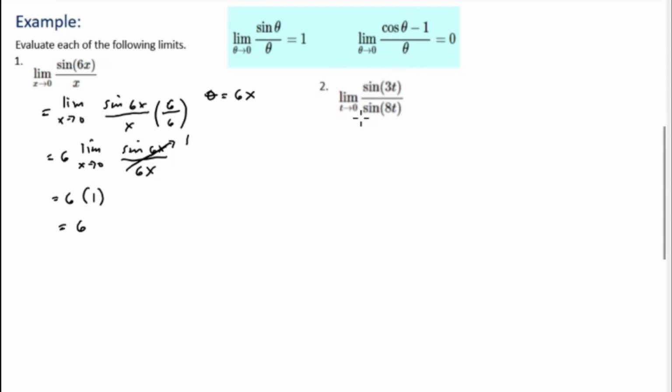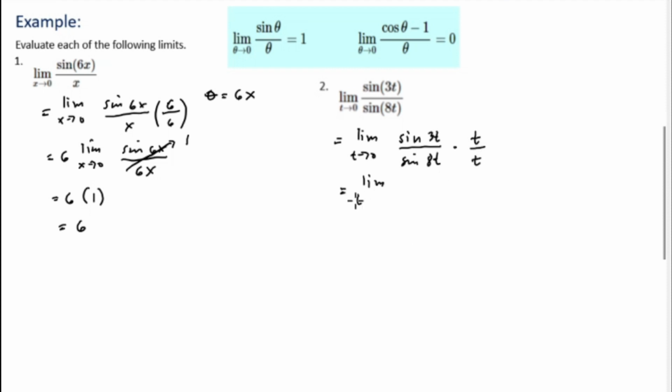Example number 2. The limit of sine 3t over sine 8t, where t approaches 0. First, we need to separate the two functions, and we need to multiply by t over t. So the limit of t approaches 0 of sine 3t over sine 8t, times t over t.